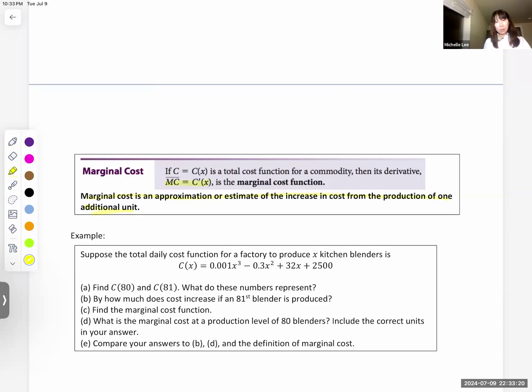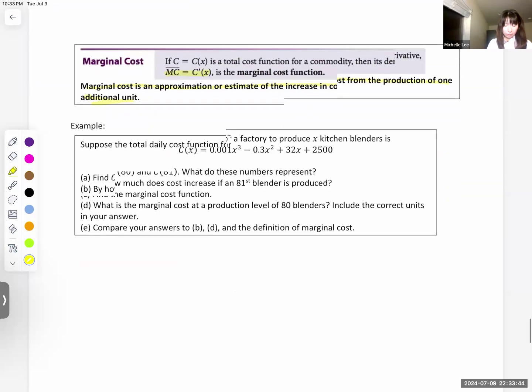Okay, so here, just highlighting marginal cost. Okay, let's do this example. Almost done. I know this is long, right? Okay, so we have the cost function. Then we want to know about C of 80 and 81. Okay, let's do it.